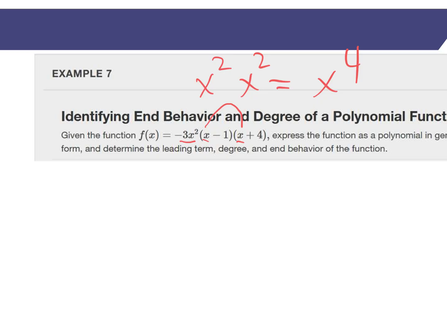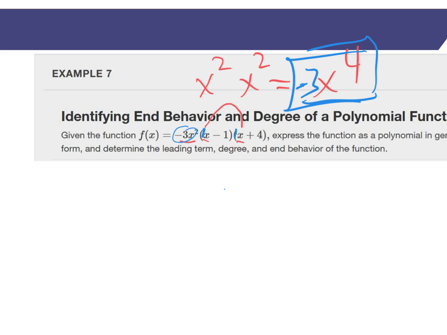That's technically all you need, except for what's the number in front? Well, 1 times 1 is still a 1. So 1 times the negative 3 will give me a negative 3. That's all you need. You don't need to FOIL that out all the way.